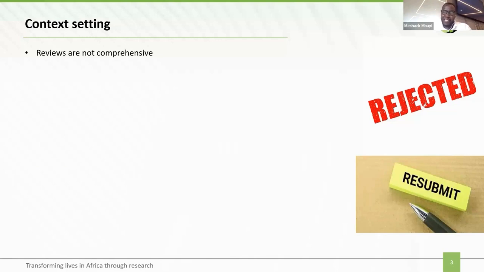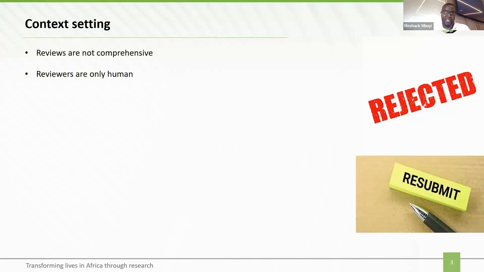But in terms of setting the context, it's really important to mention that the reviews are not really comprehensive. You will get reviews of your grant application, but keep in mind that it's not comprehensive. Maybe the reviewers have just picked a few areas that they want to look at and give you feedback on.